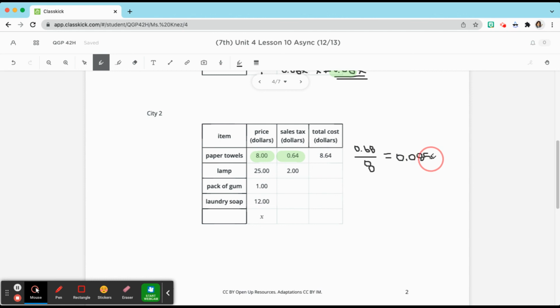And what that means is for any cost x, you were multiplying 0.085 times x to get the sales tax. And that means that your final equation was x plus 0.085x. You're always adding the original price plus the sales tax, which is just the sales tax times the original price.